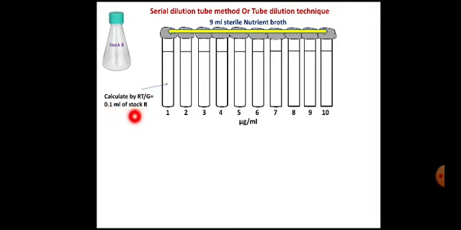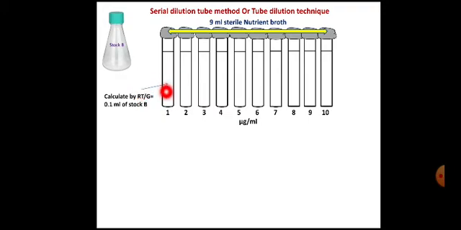This means you have to take 0.1 ml of stock B and add it to the first tube. So what will be the total volume? It will be 9.1. We have to make the volume up to 10 ml because here we consider the value of T as 10.